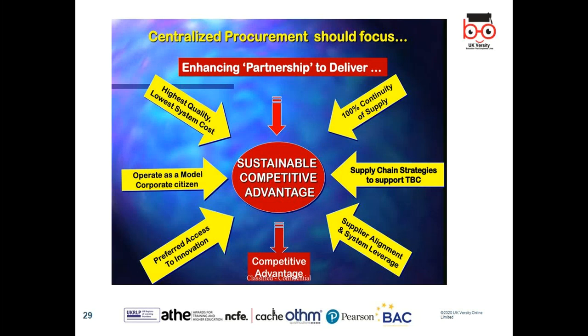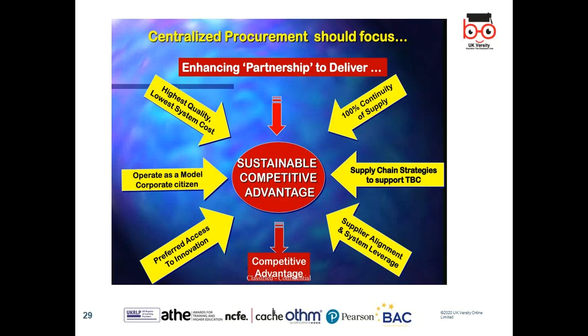An organization is an artificial person. And corporate citizen means a good citizen as a corporate, as an organization. They do not pollute the environment. They should pay the national minimum wage and respective salaries, whatever the laws or rules in place in those countries. Preferred access to innovation, supplier alignment, and the system leverage.